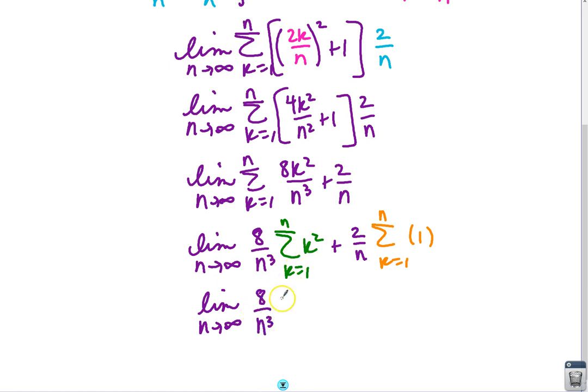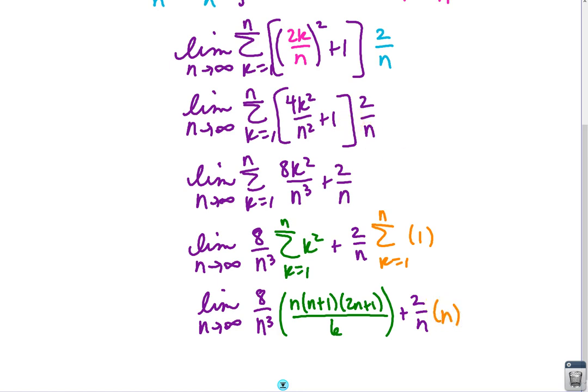Now the sum of k squared, I'll write this in green, is n times n plus 1 times 2n plus 1, all over 6, plus 2 over n. And then the sum of 1 from 1 to n is just n.